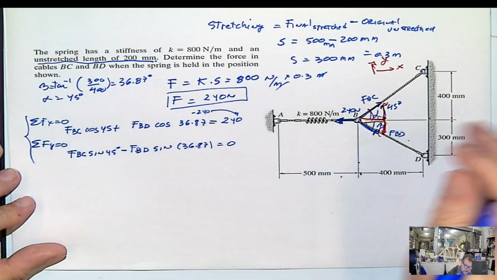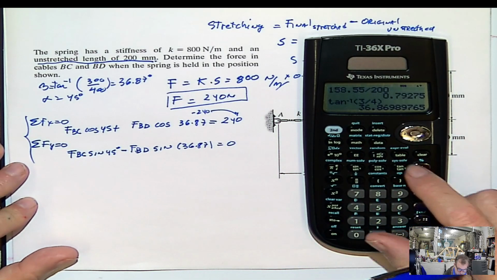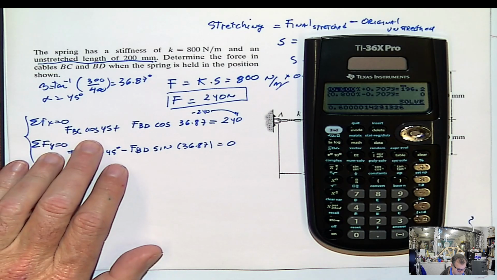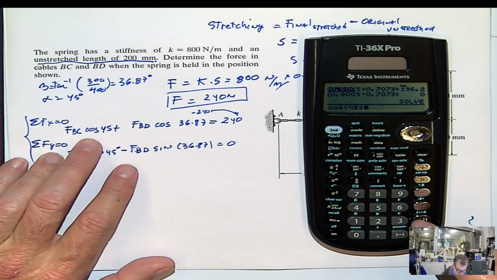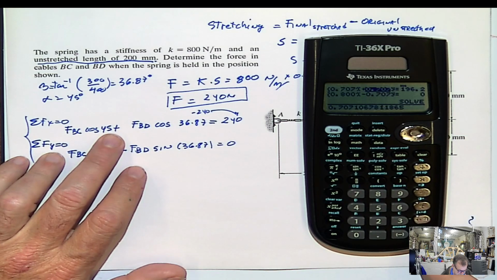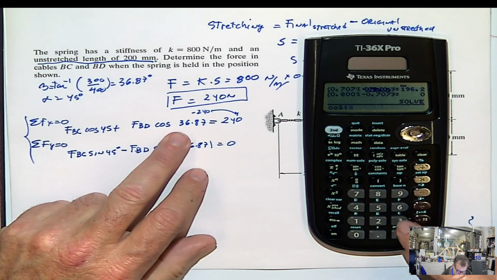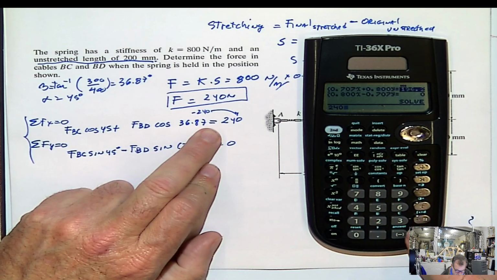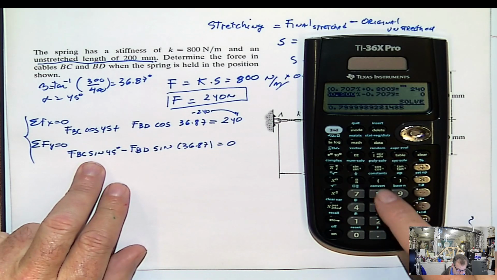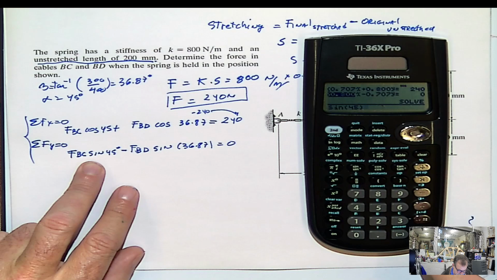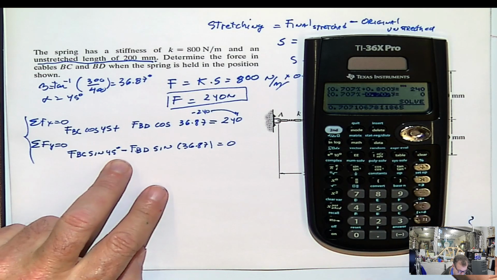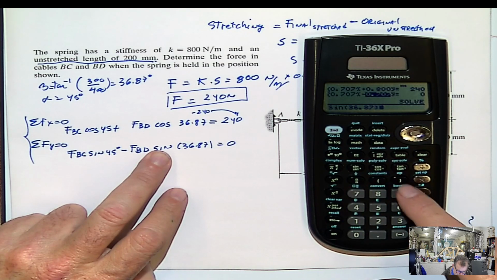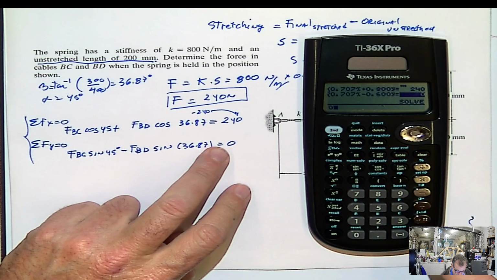And we solve again this system of equations with our system solver. First term, cosine 45 plus cosine 36.87 equals 240. Sine 45 minus sine 36.87 equals 0.